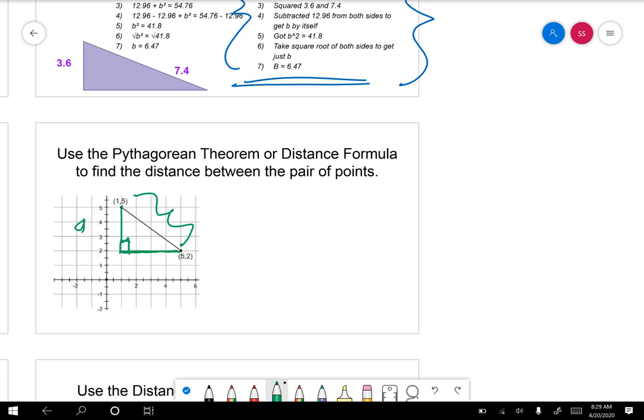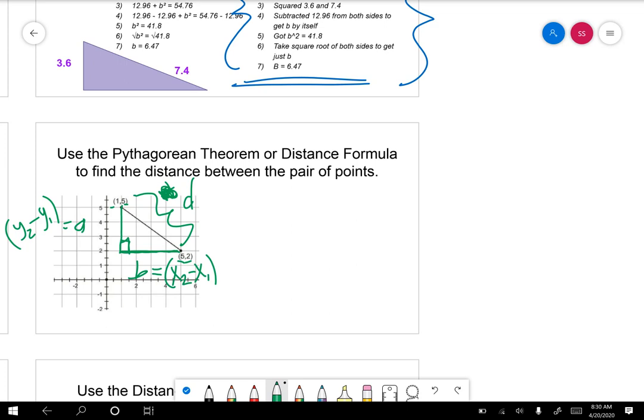So really this is side A of our triangle, B and C. Okay, but since we're talking about distance formula, I'm gonna replace that C with a D. And B there is just gonna be our change in x, so the difference between the two x coordinates, 5 and 1, and A is going to be the difference between our two y coordinates, 5 and 2.